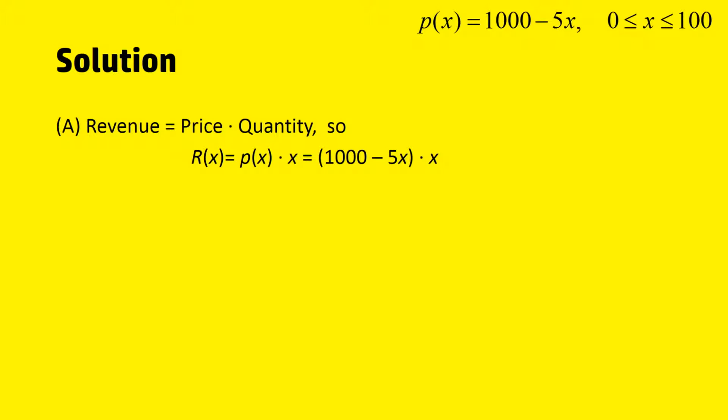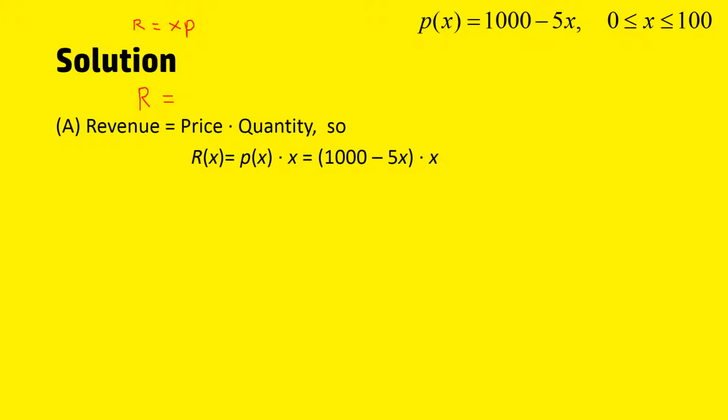So to produce a revenue function, we have to keep in mind the big formula that R equals XP. R equals the number of units times the price per unit, a unit price.